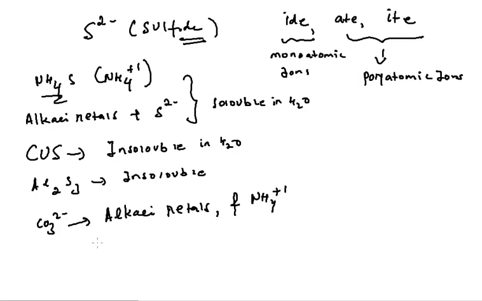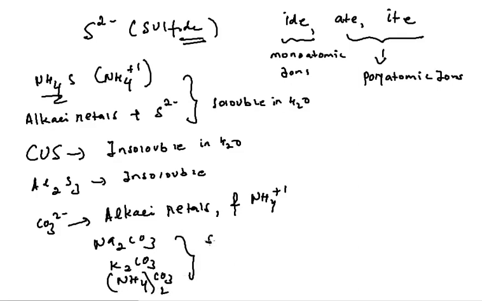That means, for example, if I have sodium carbonate or potassium carbonate or ammonium carbonate, I'm going to put subscript 2 here. All these are soluble in water. But other than that, carbonate ion is insoluble in water.